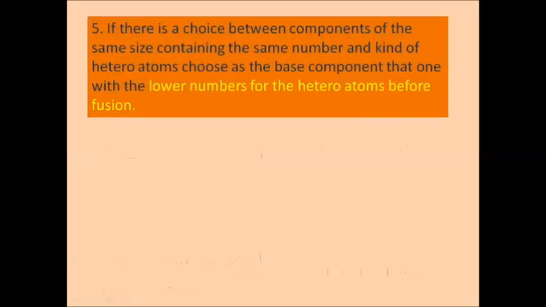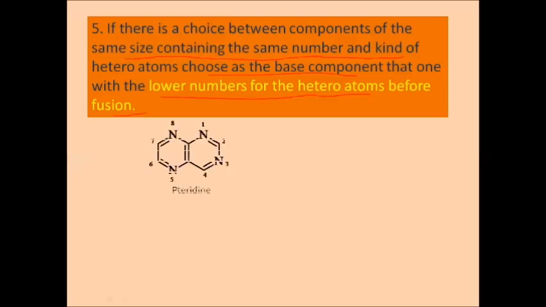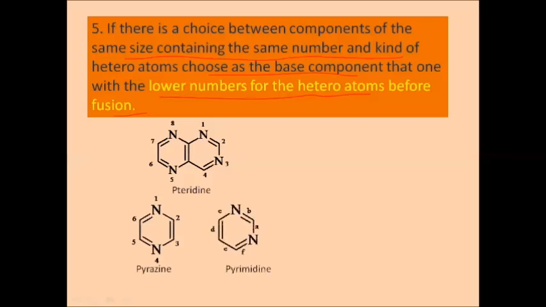Another rule is, if there is a choice between components of the same size containing the same number of atoms and the same kind of heteroatoms, then the lower numbers of the heteroatoms before fusion. We can understand by using this example. This is a pteridine ring, and this pteridine ring has a pyrazine ring and a pyrimidine ring fused together.